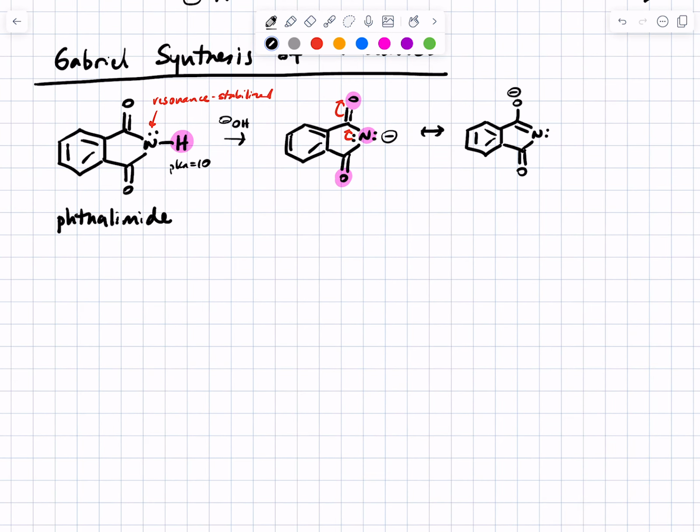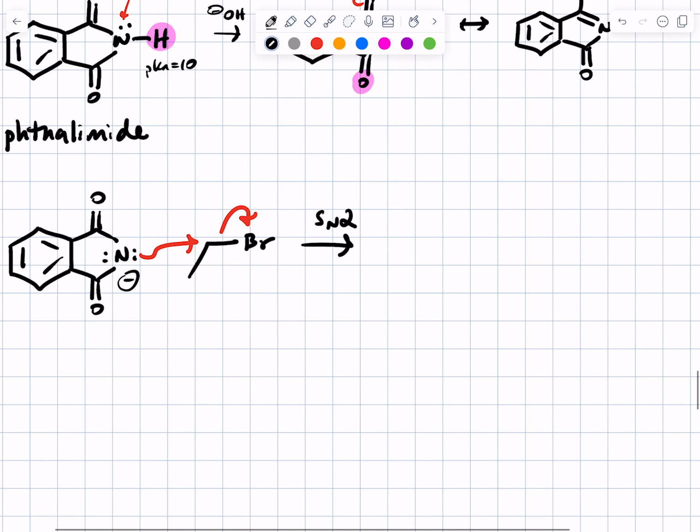So what you can do then, having generated that nucleophile, is do the SN2 reaction with the lone pair that's not resonance stabilized, breaking the carbon bromide sigma bond, making a new nitrogen carbon bond.